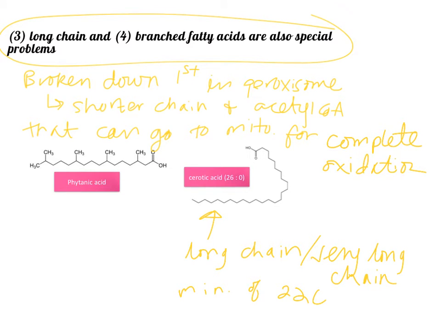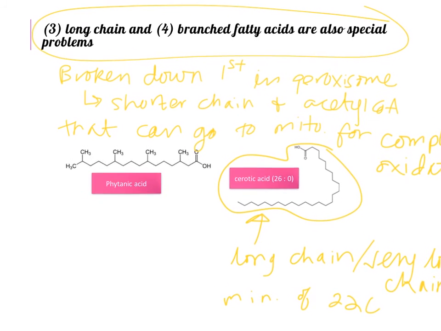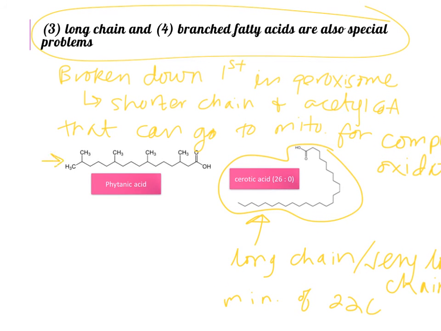So if the fatty acid that you eat or that you've made has more than 22 carbons, it first has to go to the peroxisome, gets chopped down into smaller pieces, and those smaller pieces then go into the mitochondria. Phytanic acid right here is an example of a branched chain fatty acid. You can see the methyl groups coming off of it. Branched chain fatty acids tend to come from plants. Long chain fatty acids tend to come from dairy, meat, fish fat, things like that.